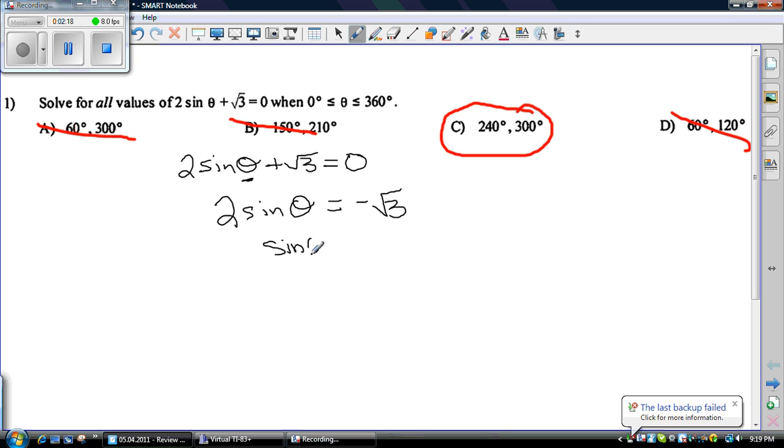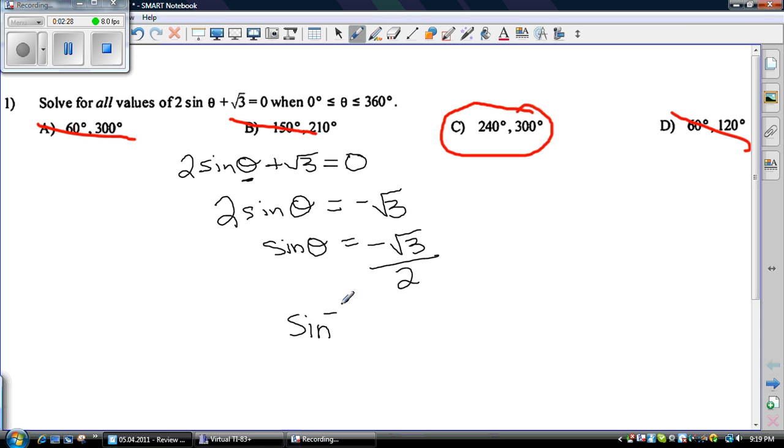You get that the sine of theta equals negative square root 3 over 2. And then you would inverse sine it. What's the inverse sine of negative square root of 3 over 2?